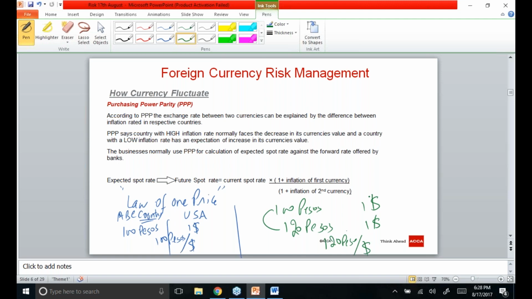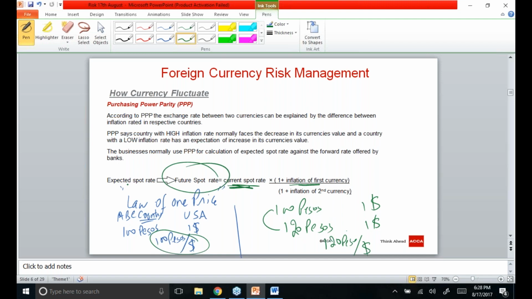So according to this theory, if you are provided with the current spot rate, the inflation of the first currency, meaning the currency in the numerator, and the inflation rate of the second currency, meaning the currency in the denominator, for example a spot rate of 100 pesos over dollar, where inflation of the first currency was 20% and inflation of the second currency was nil, you can calculate the future spot rate.